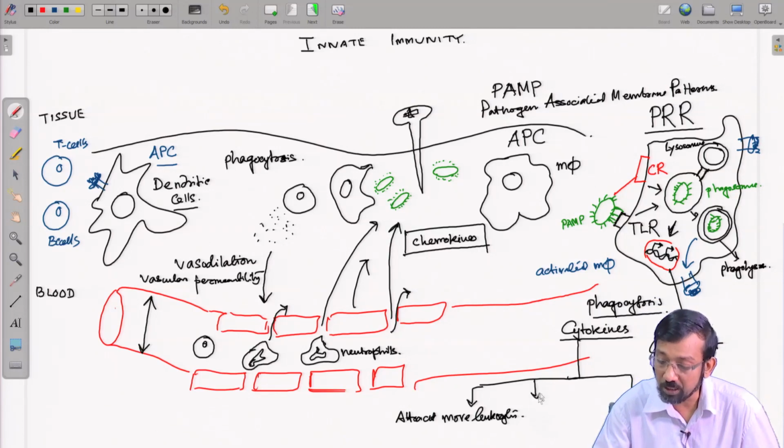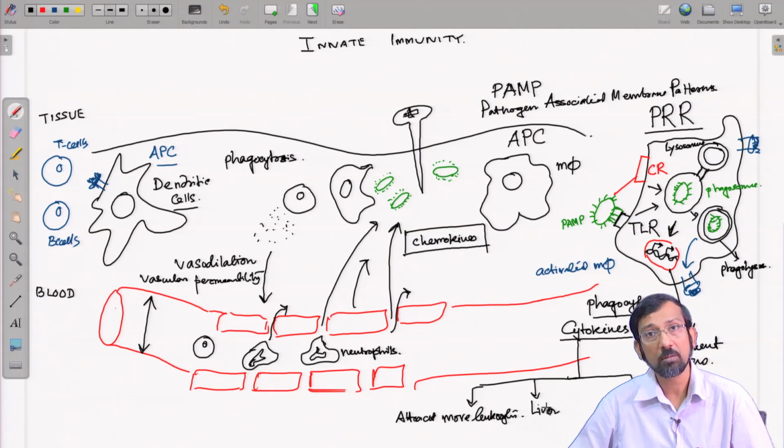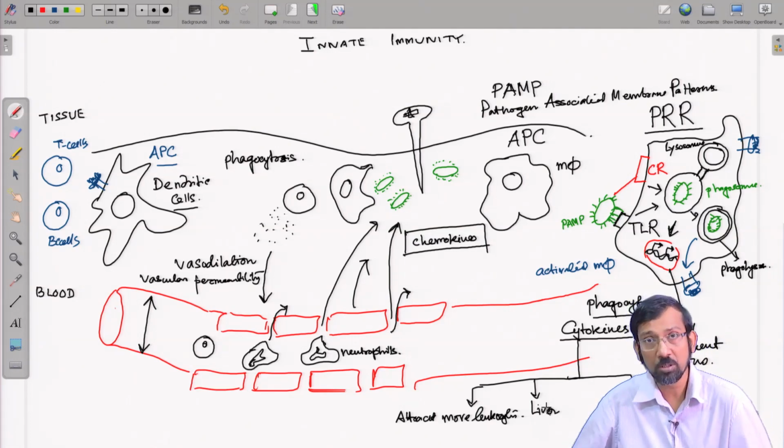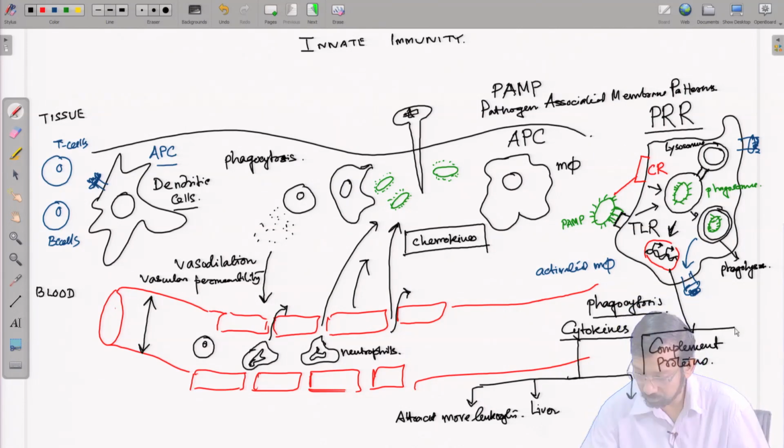They can stimulate the liver and lead to secretion of specialized proteins like the complement proteins. They can also act on the hypothalamus, leading to a rise in body temperature.